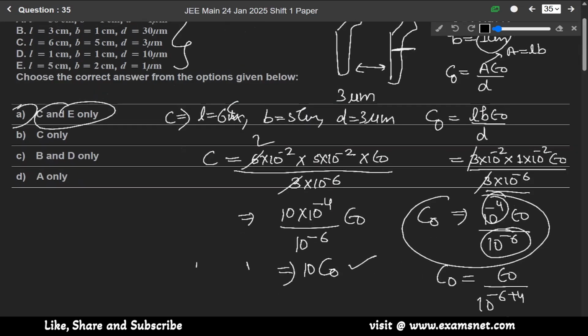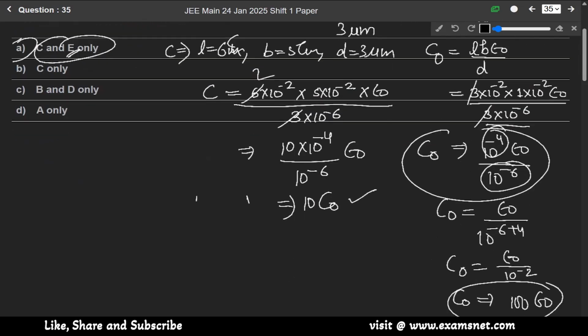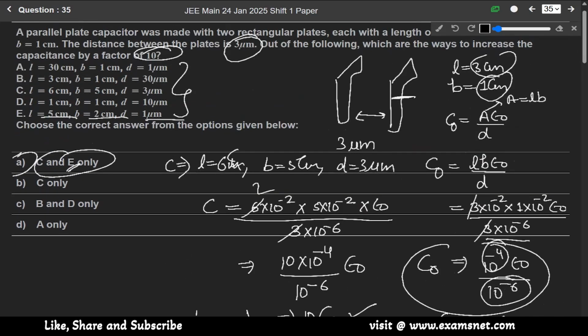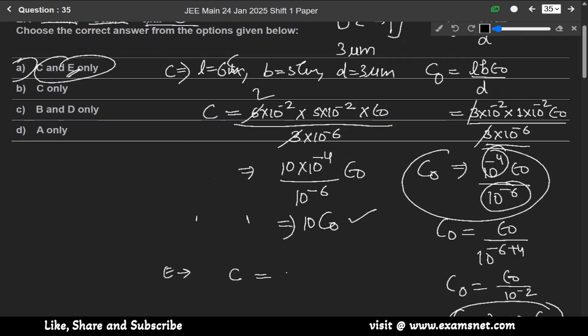Now if we check for E, C will be equal to 5 centimeter, 2 centimeter and 1 micrometer.